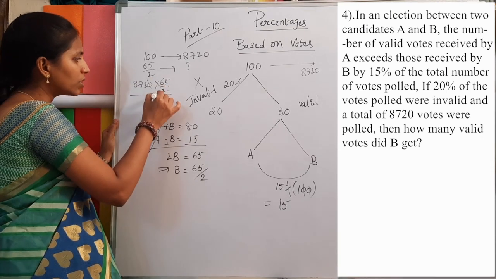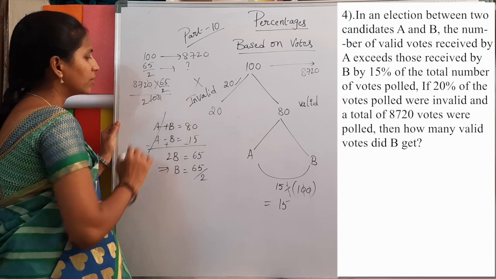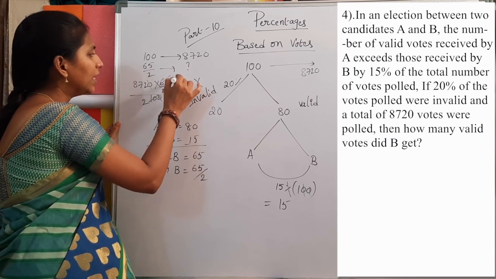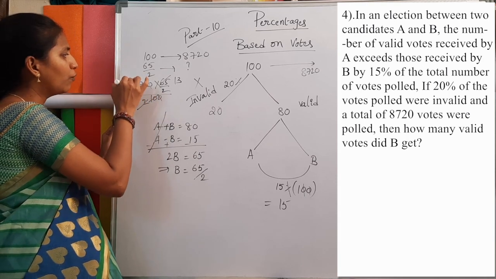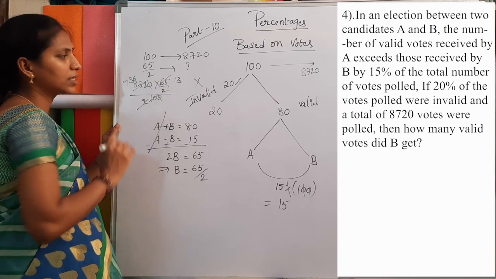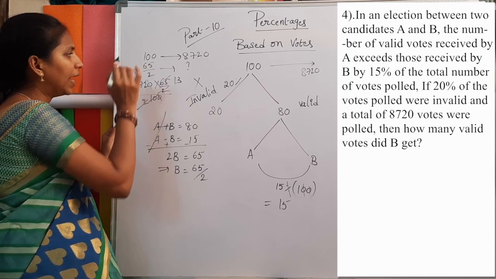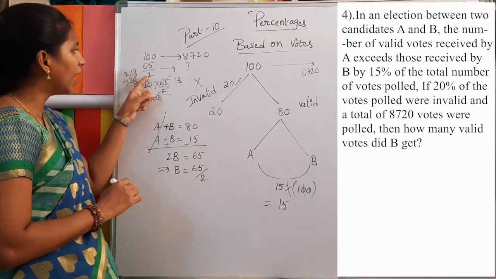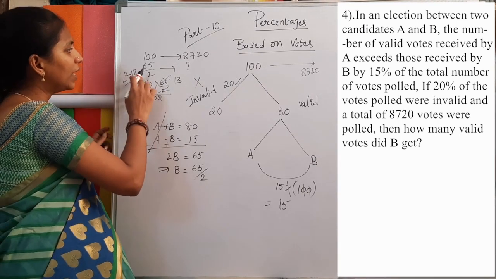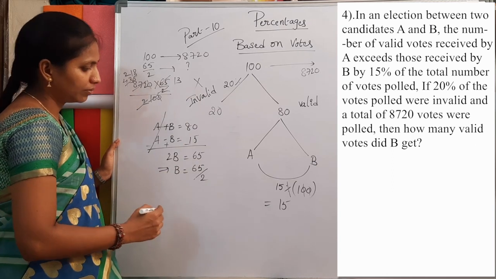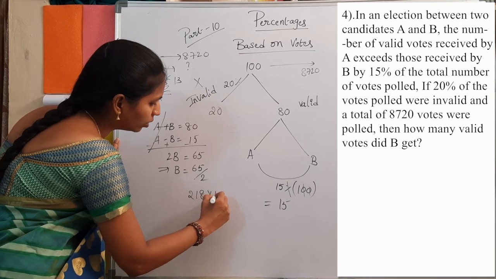Now cancel. 0, 0 cancelled. And here 5 cancelled 2 times, and here 13 times. Then here 2 gets cancelled. 4 and 3, 6. And again this 2 cancelled. How many times? 2, 1 and 8. 218 into 13. What is the result? 218 into 13.